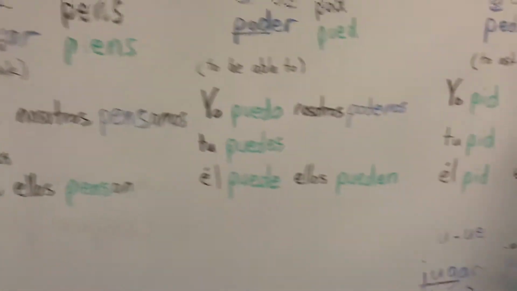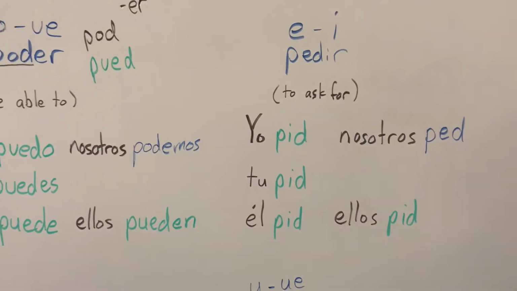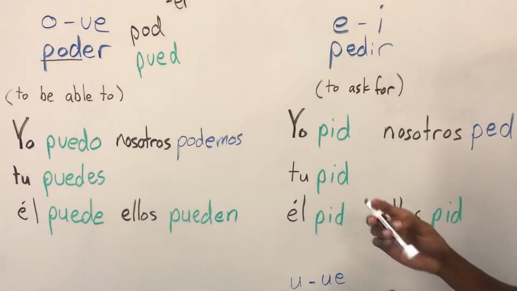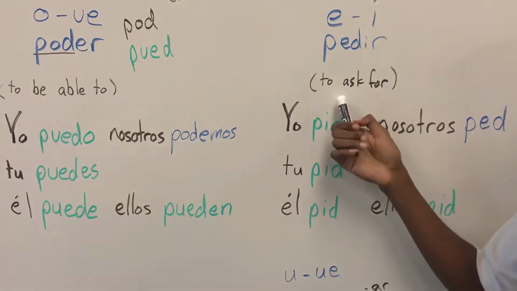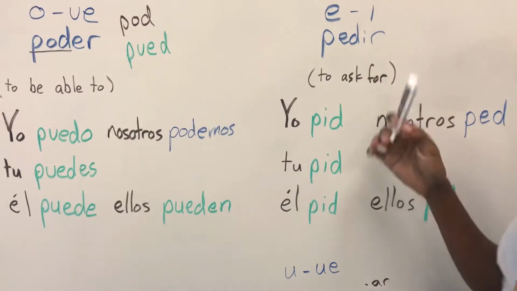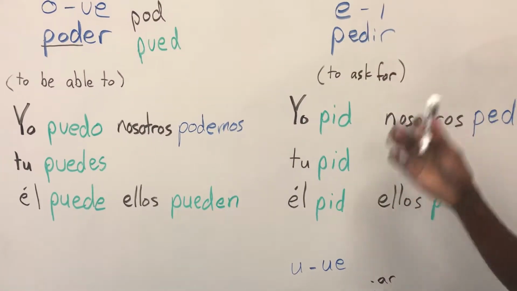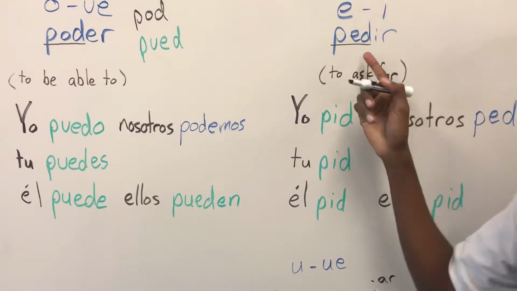So, last one we're gonna look at, we have the verb pedir. Now you can see the definitions here. I might have skipped some. You can go back and look. But pedir is to ask for. And pedir is a stem changer. And it says up here, E to I. So first, the stem in pedir is ped.